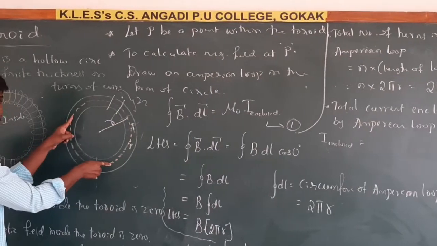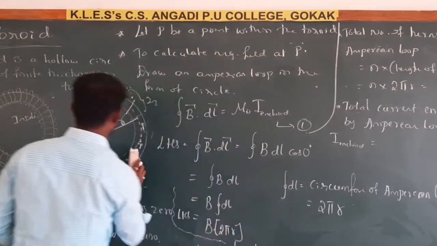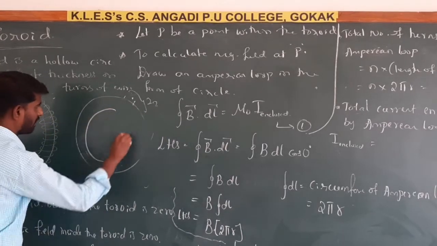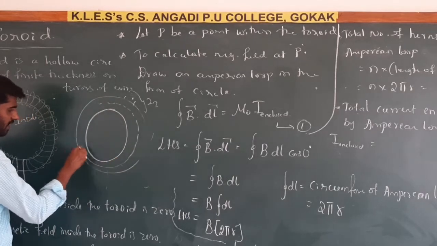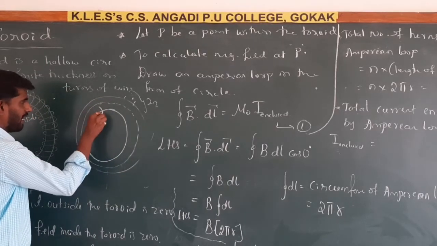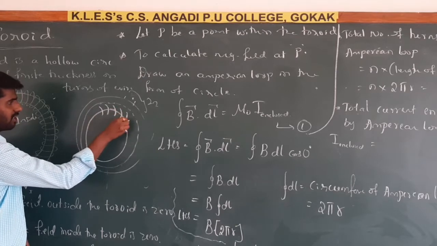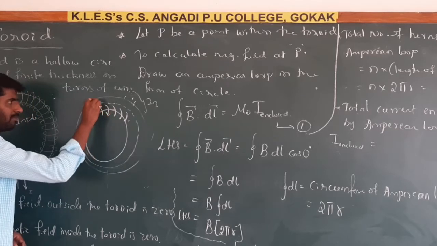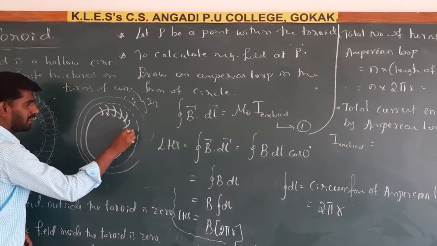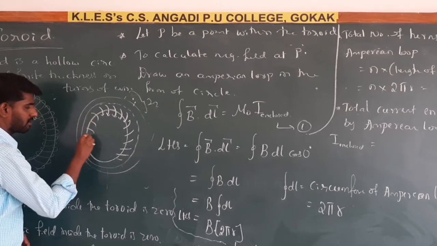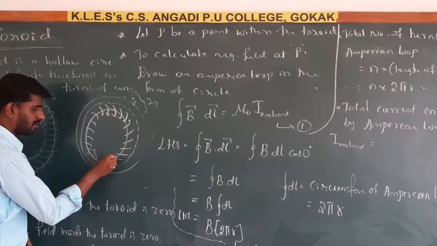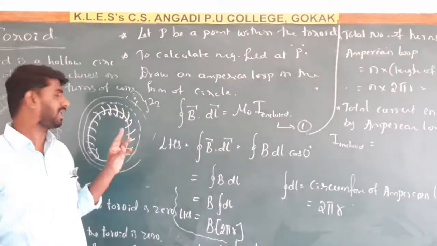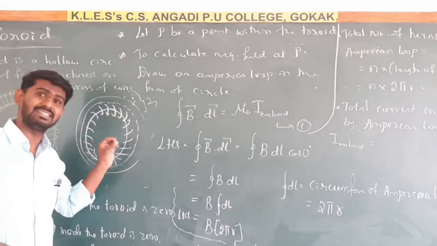See here, this is the toroid and this dotted line is my Amperian loop. Inside it the current is in the same direction everywhere. We only consider the lower part. The current comes down, goes up in the next round, and comes down again, and I am counting this current. For all the sections, the direction of current in each turn is the same.